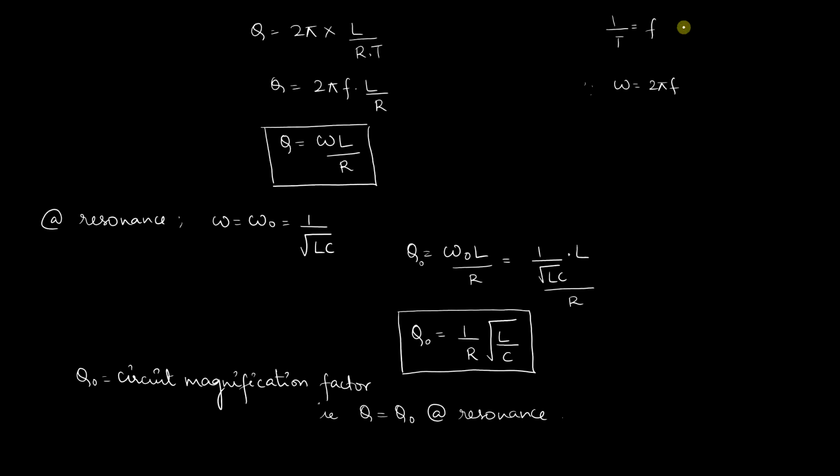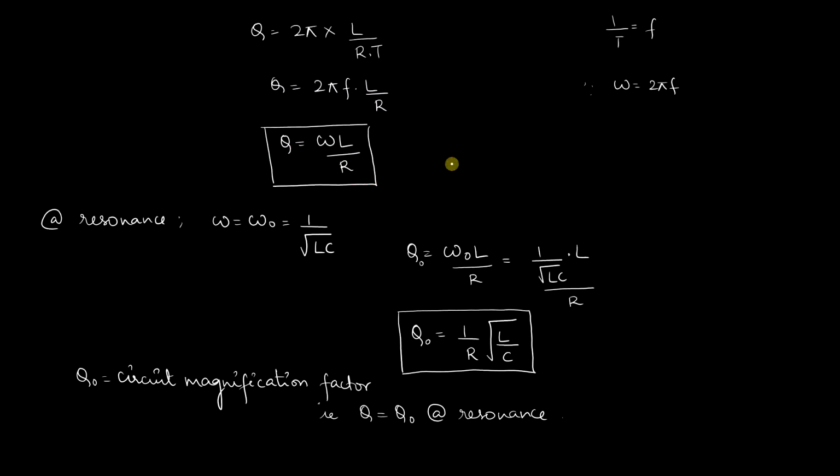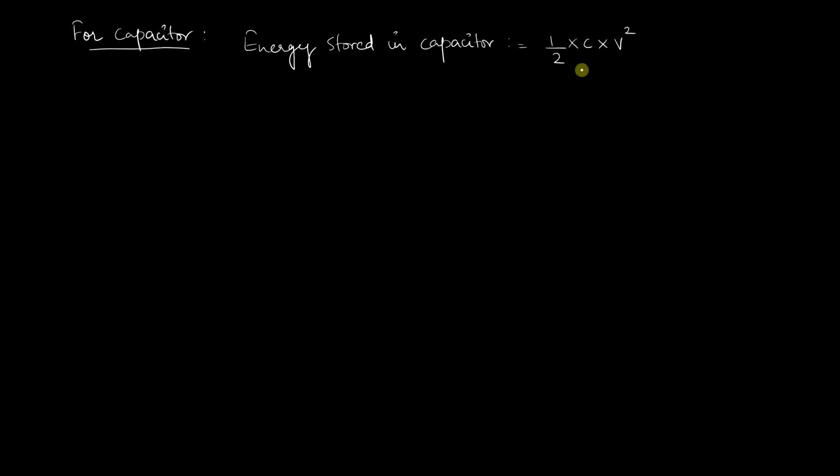Now again coming back to this expression, we want the maximum energy stored. So when it is maximum energy stored, this is equal to half of C into Vm square. What is Vm? Vm is equal to Im into, what is the reactance?